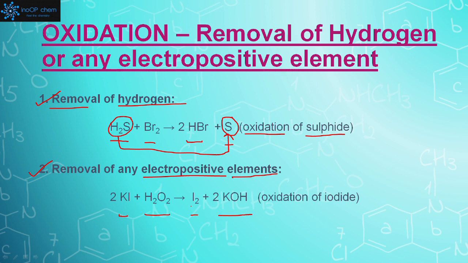Potassium is an electropositive element and iodine is an electronegative element. So here the removal of potassium takes place. That means oxidation of iodide ion takes place.